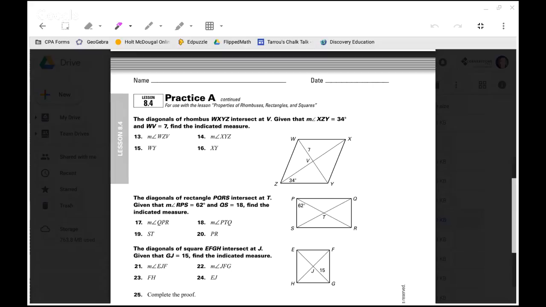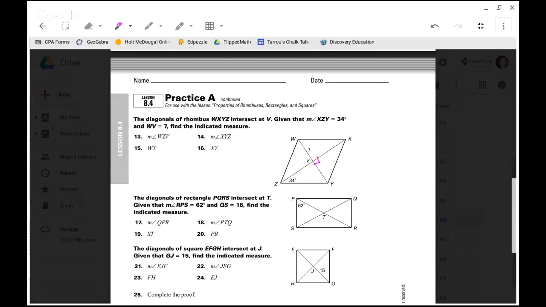Okay, so look and see what it says about the diagonals for a rhombus. So if they're perpendicular, what does that mean that angle is? Okay, good. That means that this is a 90-degree angle.